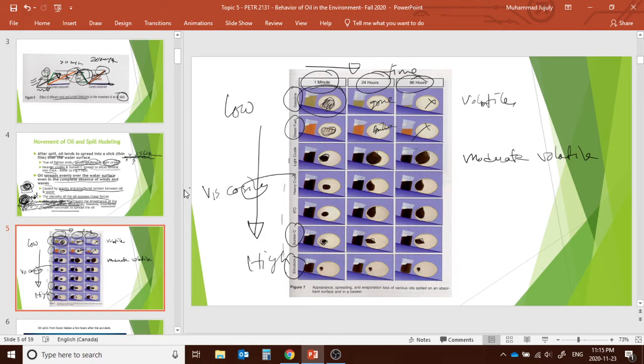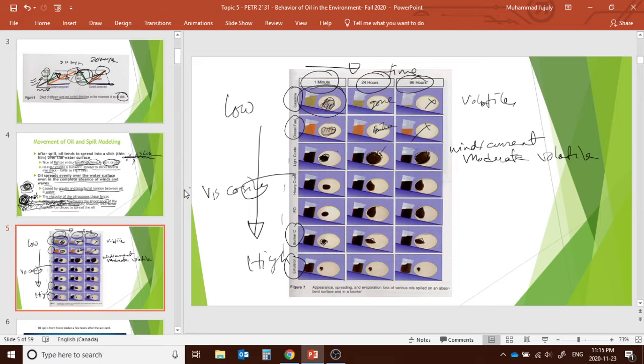As we can read, after a couple of minutes the area it spread with gravity, after that it doesn't spread much. It stays like that, unless you have external factors, for instance wind or current. Except for that, it will stay like that.